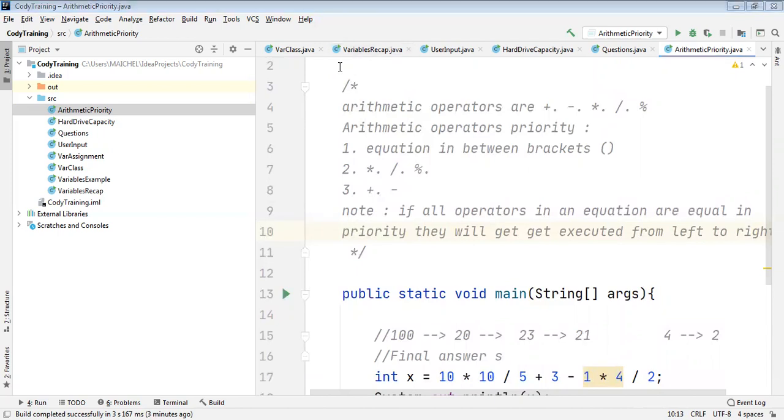It's like BidMass. What is BidMass? I don't know what BidMass is. Brackets. I'm not getting your question. Yes, brackets. The one in between brackets is the highest priority and should be executed first. After that, PEMDAS. What is PEMDAS?